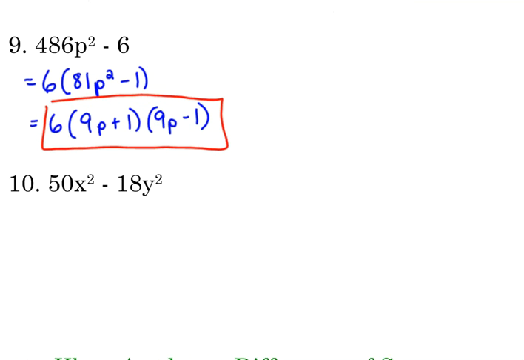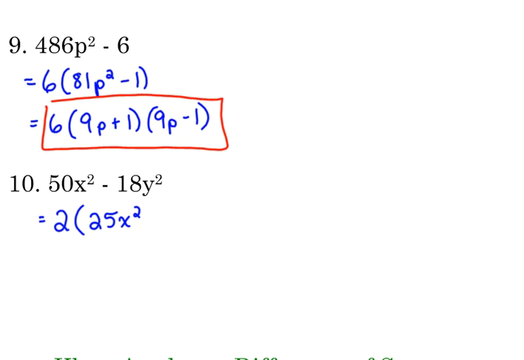Okay, we can also do this with multiple variables, x squared and y squared. Same principle applies. We still need to look for GCF first. 50 and 18, they're both divisible by 2. They both don't have an x, they both don't have a y, so we just have a numerical GCF here.